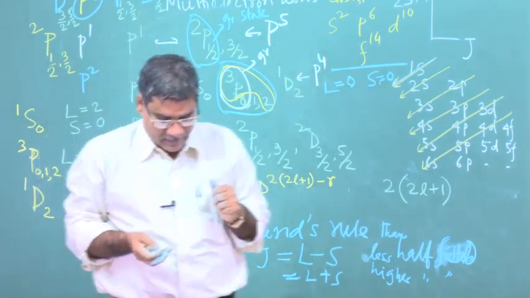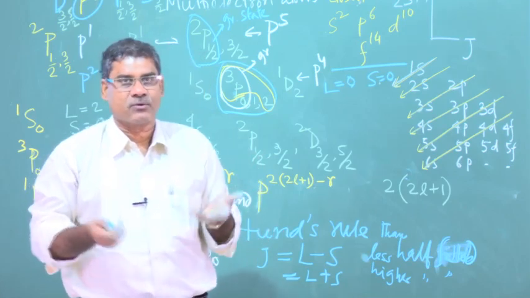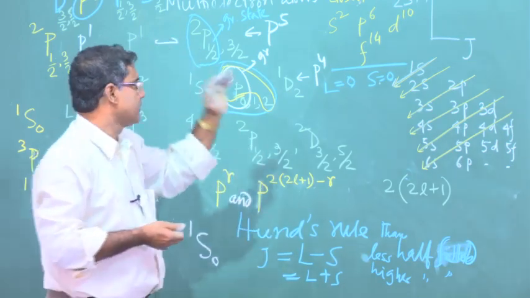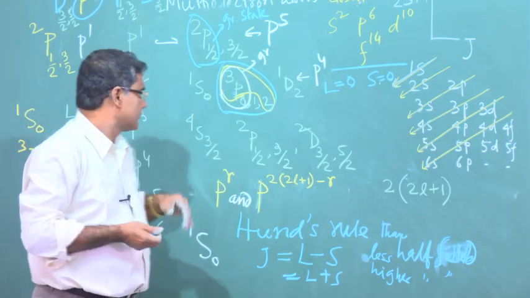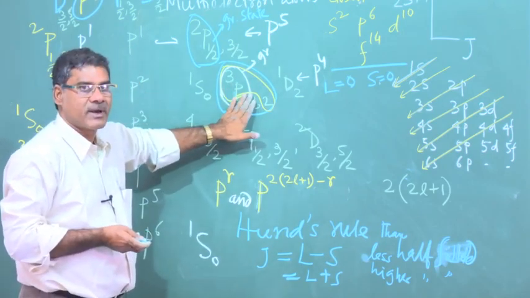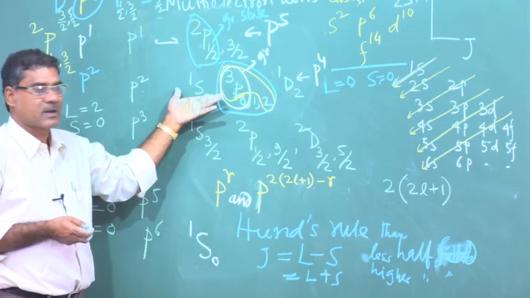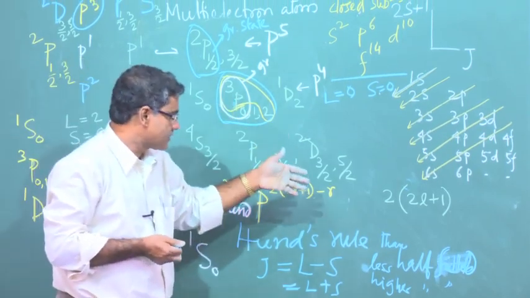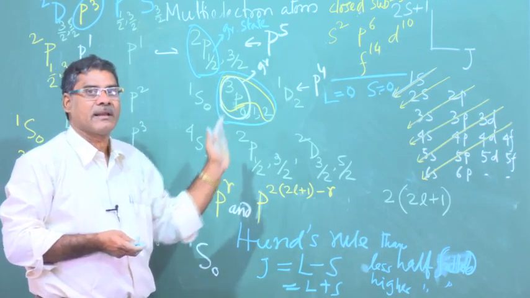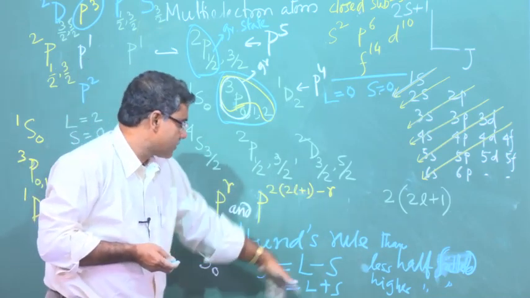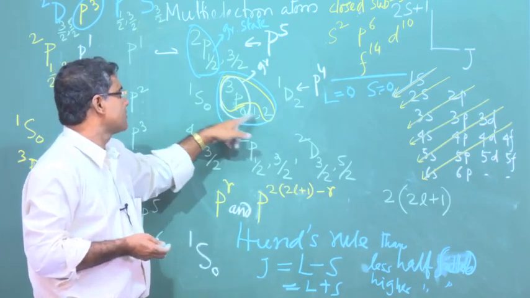So, for P4 you have to find out which atom it is depending on this n value. So, this way one has to find out how to find the ground state. Whether it is less than half filled or higher than half filled, depending on that, this ground state will be different.